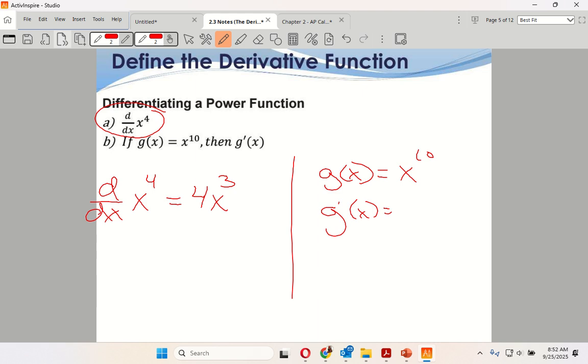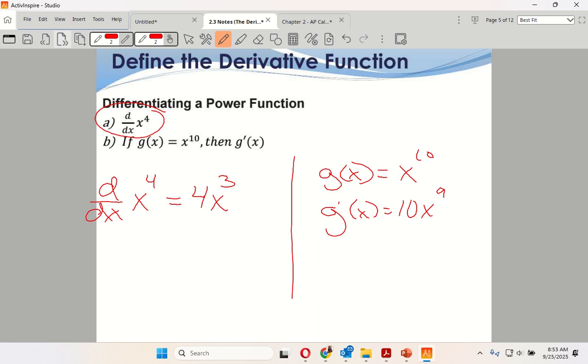So if you look right here, where'd the 4 go? So that's going to be 10x raised to what power? 9. So this is why I like using this one, to show where those numbers go and what happens to those numbers instead of just showing you your n's and your n minus 1's. Is that pretty easy now?